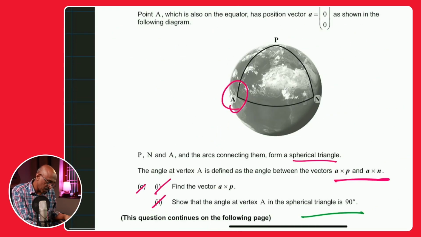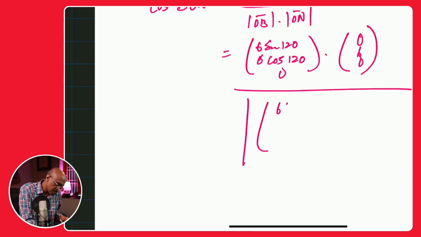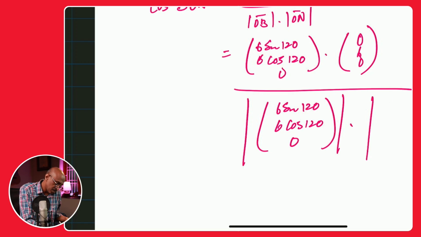Yeah, I got that right. And let's copy that clearly. This is to be divided by the magnitude of these two vectors: 6 sine 120, 6 cosine 120, 0, and the magnitude of 0, 6, 0. The magnitude, put that as a vector. Okay, there you go. I think this should be good.